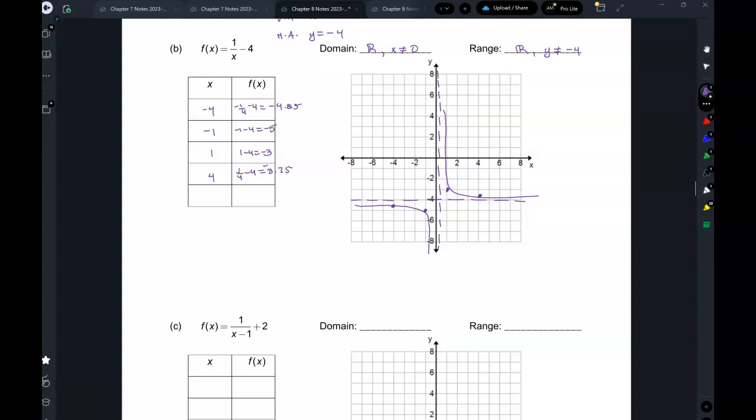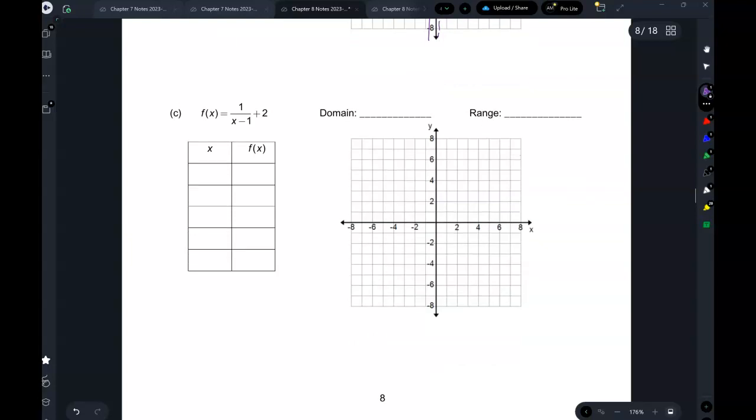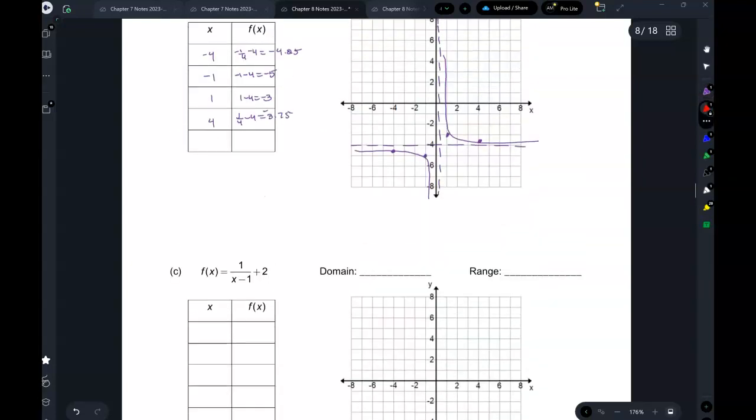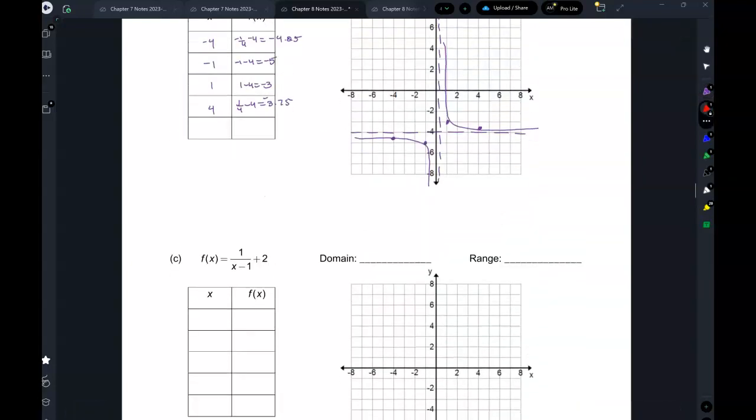Okay. So, let's go to the next one. And here is what I want you to know. Whenever you have rational functions like this, you immediately have to go to the denominator.